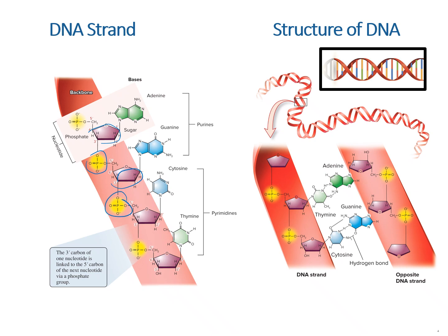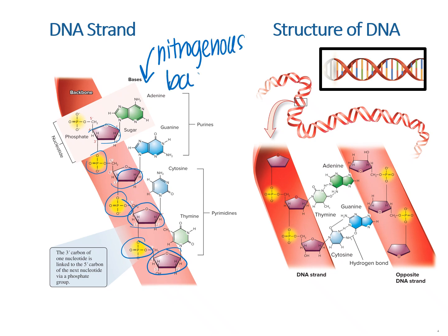Sugar to phosphate to sugar to phosphate to sugar. Sticking out of the side of the strand are our nitrogenous bases. And that single strand with the sugar and phosphate backbone is going to come together and interact with another strand that is also a sugar phosphate backbone with the bases in the center.